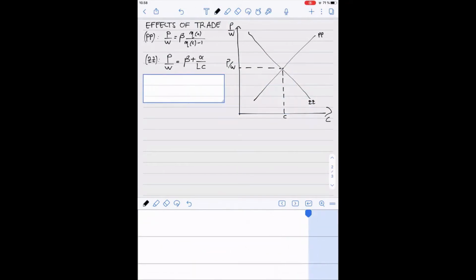Also recall that the number of varieties in autarky, so let's say N_A, was equal to 1 over (alpha over L plus beta C). Excellent. So what we want to do now is study the effects of an increase in L.